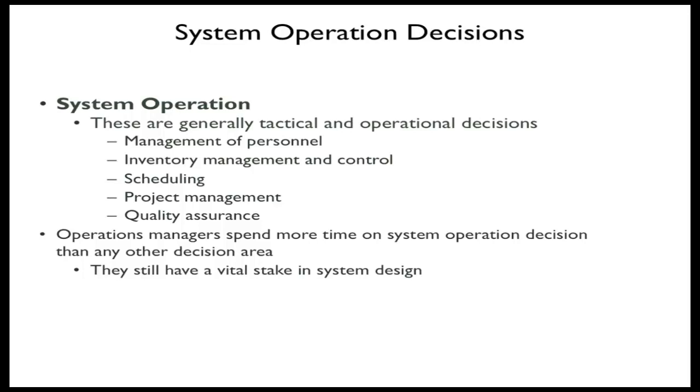Scheduling: the scheduling of people, the scheduling of your hours, the schedule to develop a product. Project management, if you're going to try something new, managing that project. Quality assurance, making sure that whatever it is that you're providing is quality.